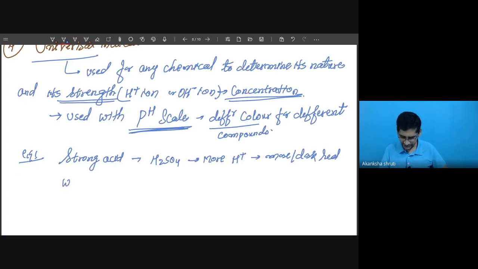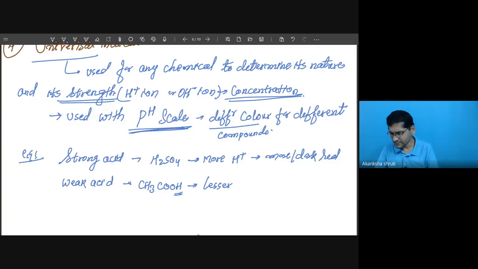But if we are taking a weak acid, like the vinegar that we are using, CH3COOH. Last day I have written all these acids and bases; I will not rewrite every time. Student, please go and mug up all those examples. It has a lesser tendency to give hydrogen, so fewer H plus ions are generated. So rather than darker, it gave light red over the scale.